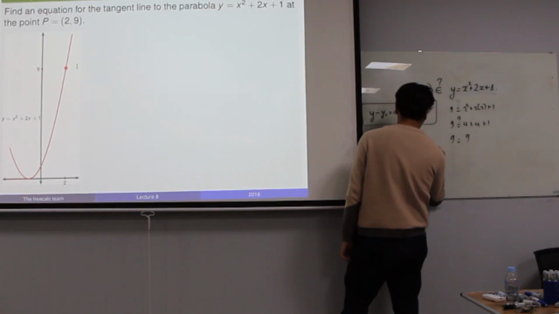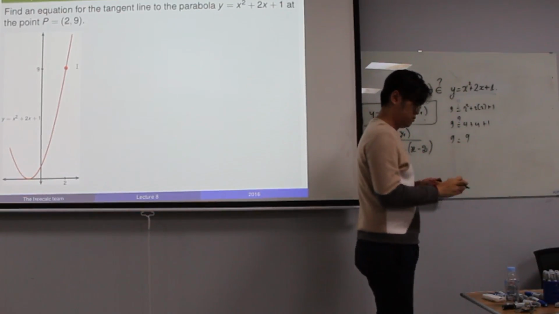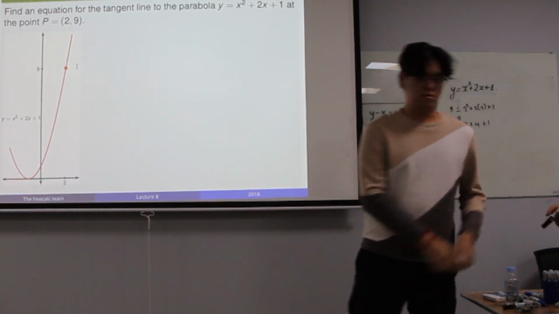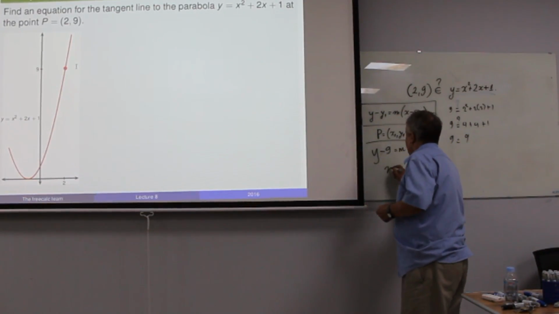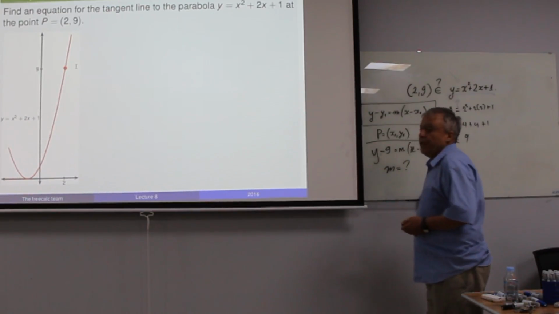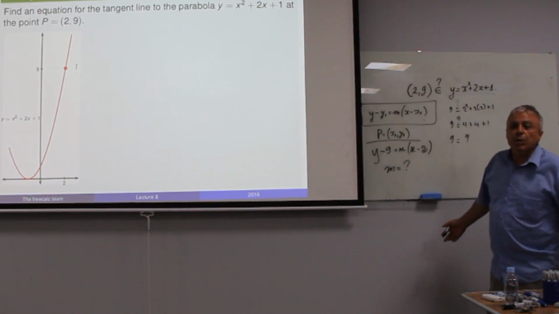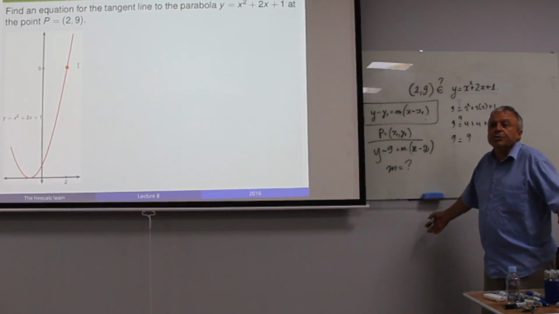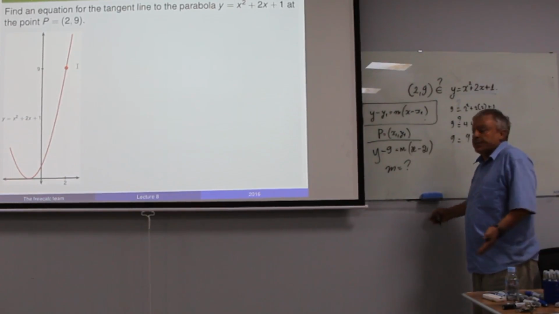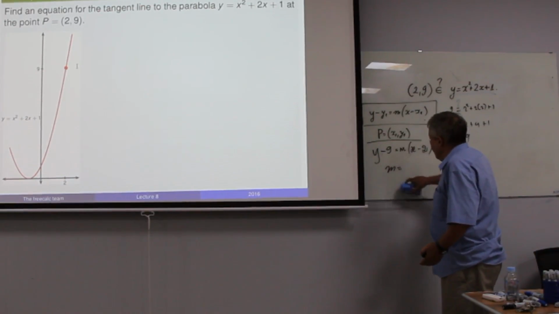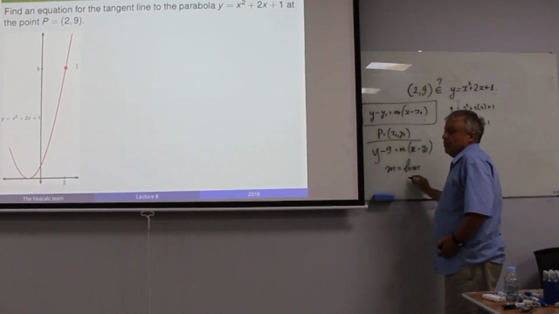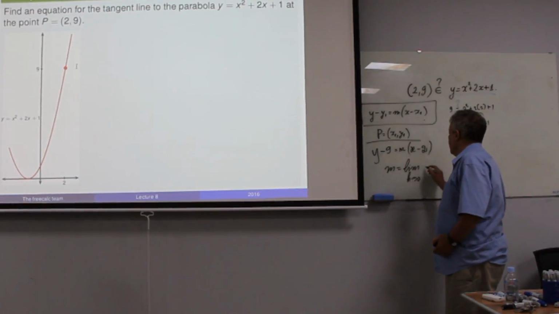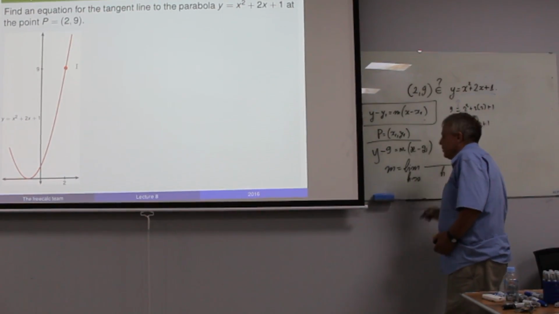X. Very easy, exactly. So now m equals to how much? What should we use? Of course, limits. We know that m is a limit of something. Limit, what should we use? Let's use h. H goes towards 0. And I put here h.